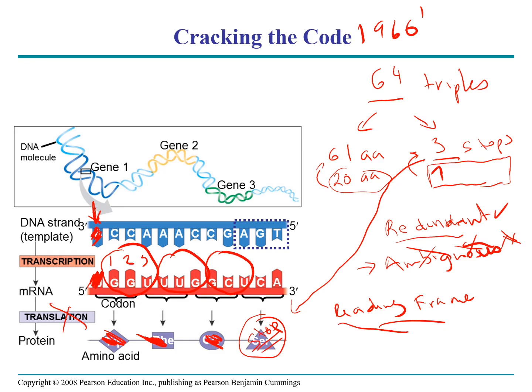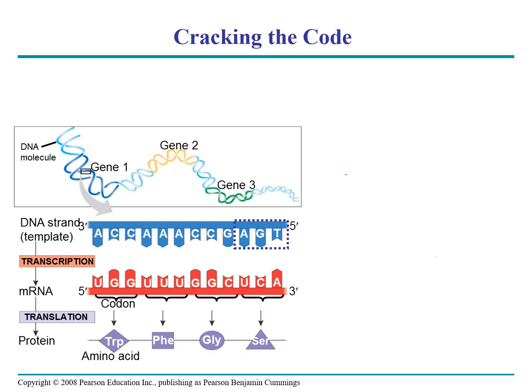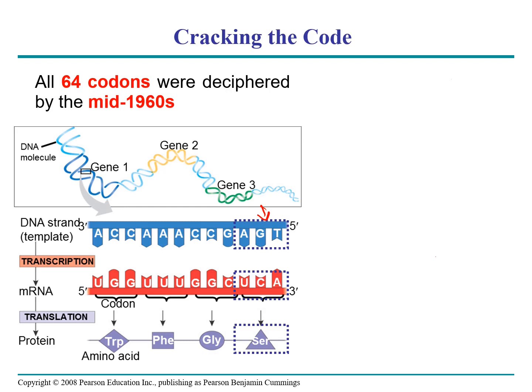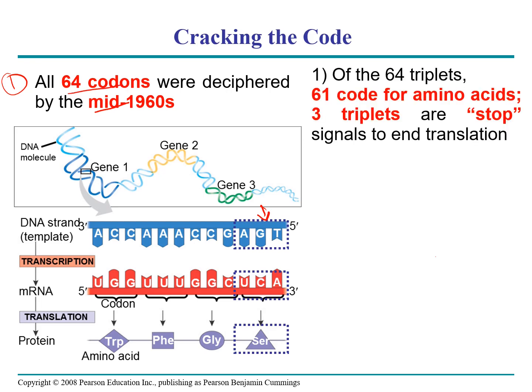So now let's recap all the things that we said. I told you that we were going to talk about these structures that are the codons, and how they cracked this code. And I told you that around the mid 1960s, they found that there were 64 codons. However, from these 64, only 3 triplets encode for a stop codon that stops the translation, and 61 code for amino acids.